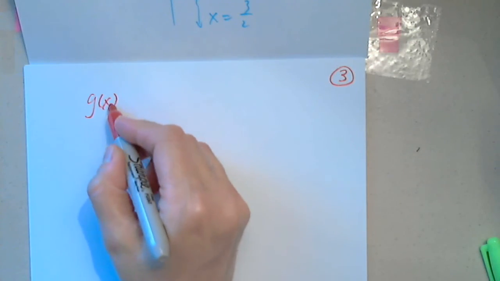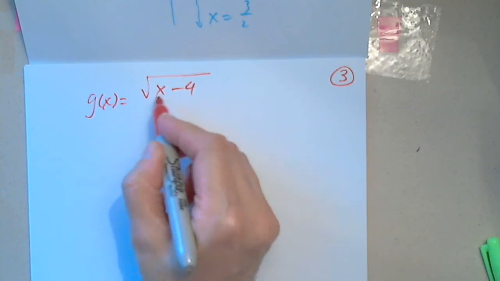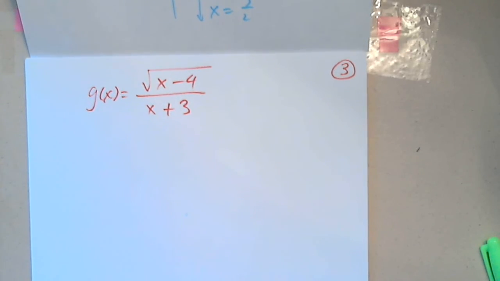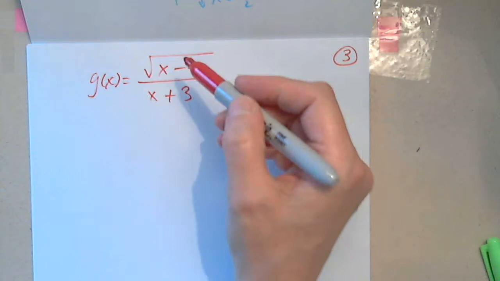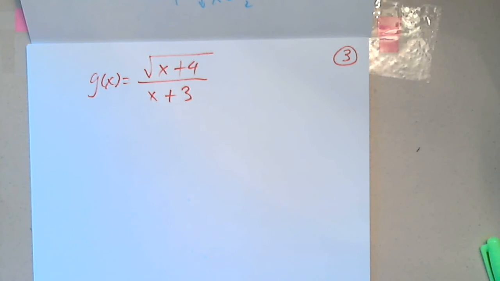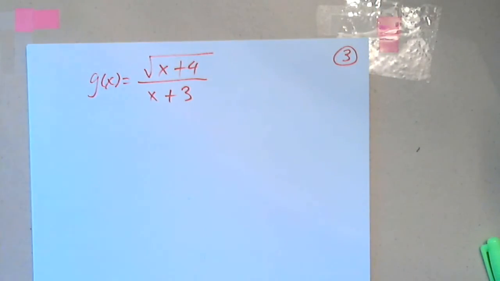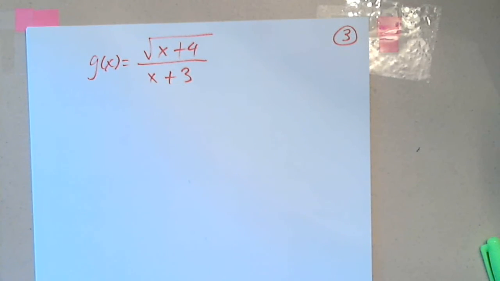Now, what about the domain of this function? The square root of x plus 4 over x plus 3. Do we know how to determine the domain of this function? Is it -3 to infinity?